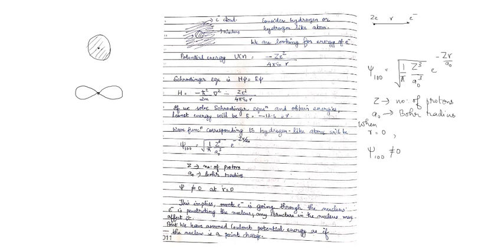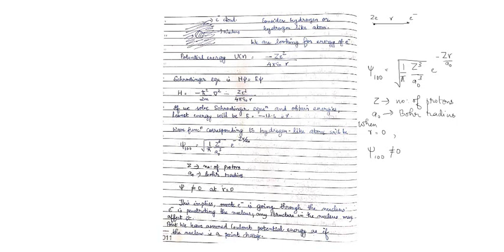So that is what we are trying to say here mathematically, that you have a non-zero probability of finding the ground state electron within the nucleus.